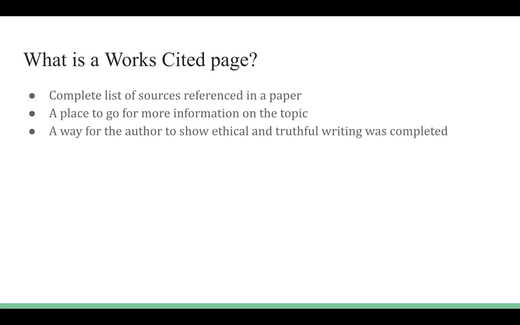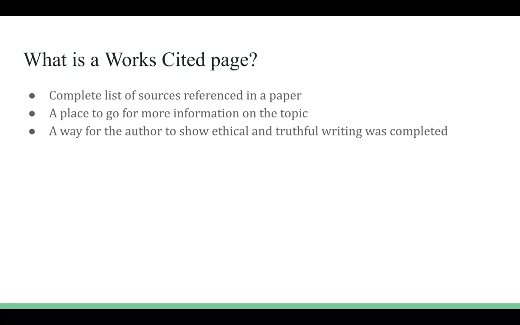So it's called a works cited page because it has a list of all of the work that you cited in the paragraphs of the paper that you wrote. So it's the sources that you referenced in your paper.